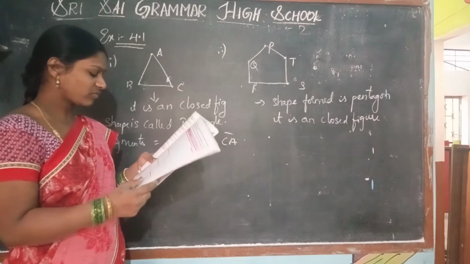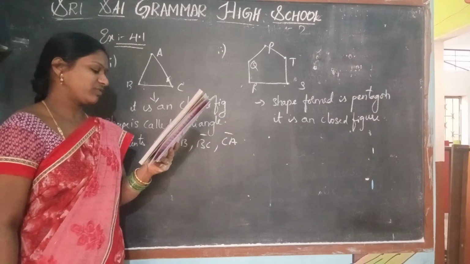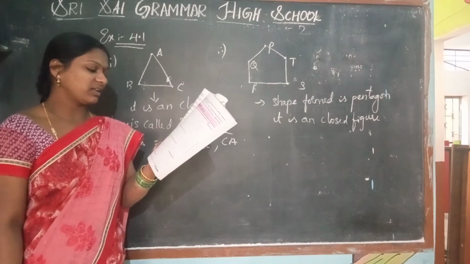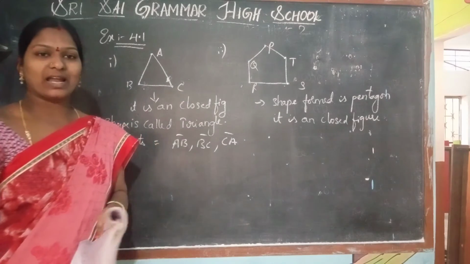Now, name the following from the figure: any 5 points, any 5 line segments, any 3 rays, any 2 lines.